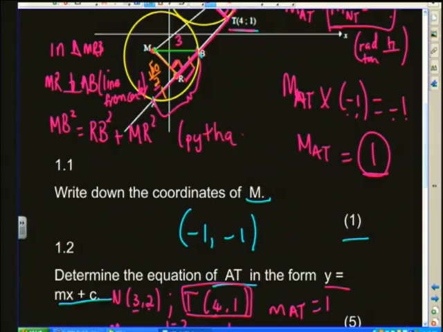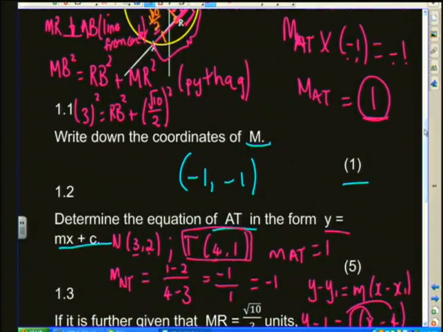We know the length of MB, because it's a radius, was 3. So I've got 3 squared is equal to RB squared, which is what we're looking for, plus MR squared, MR being root 10 over 2 squared, and that was given to you. I'm getting a bit untidy here, but you just needed the diagram right in your face so that you could see what we were doing.